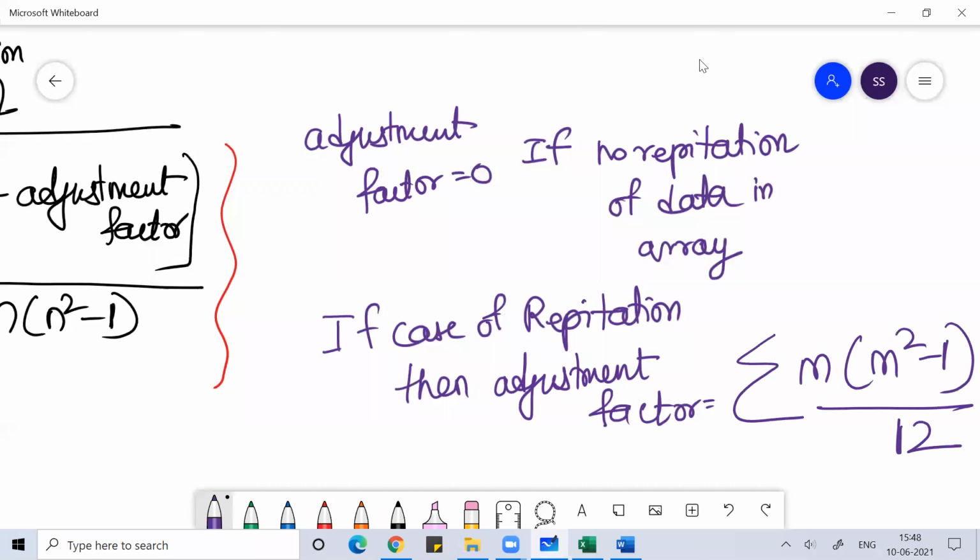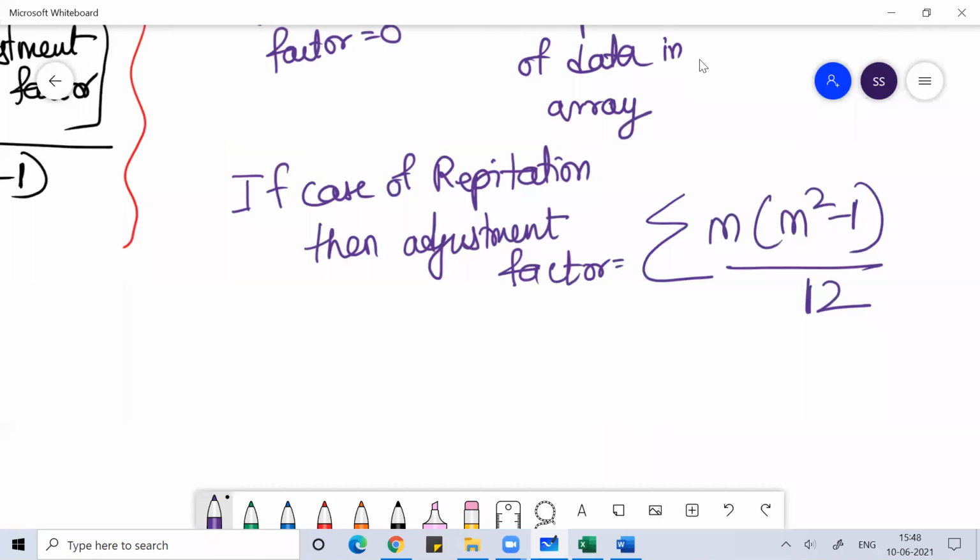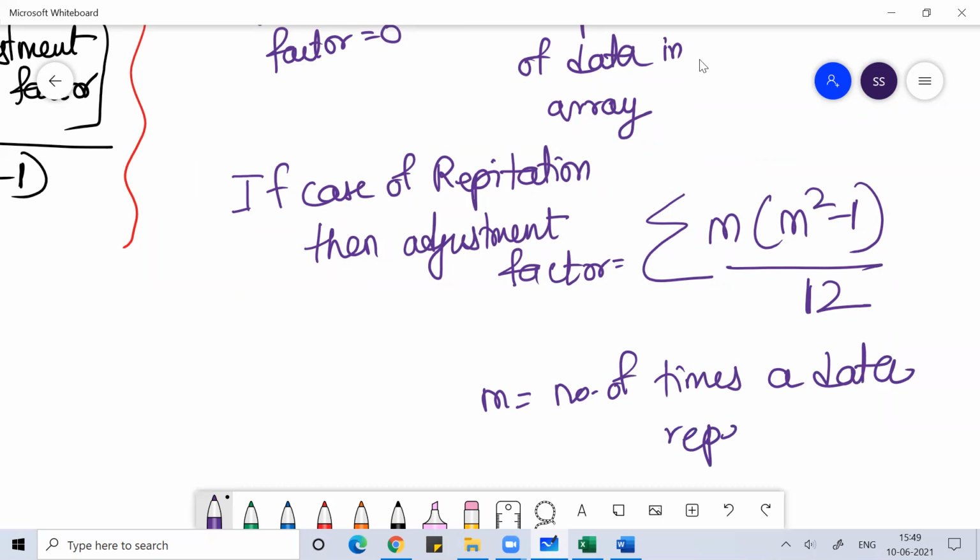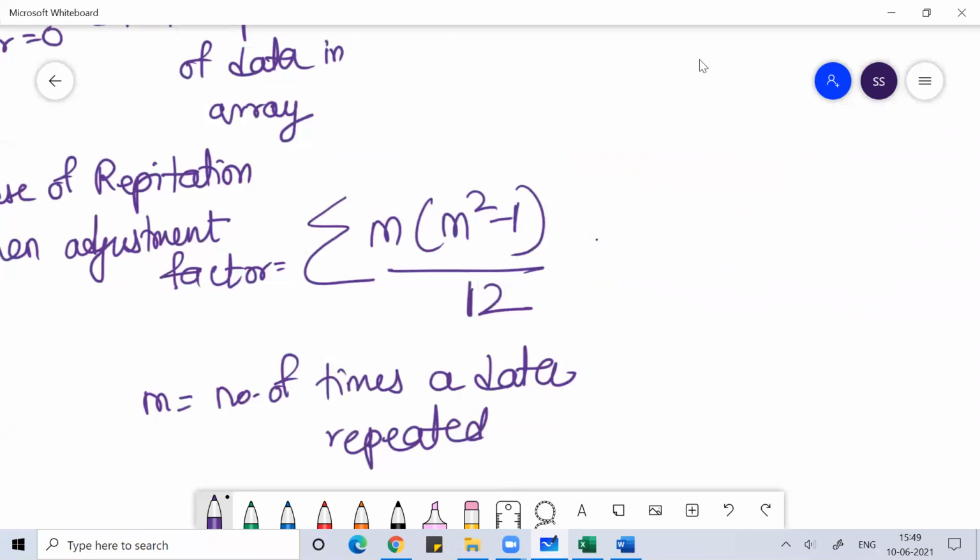This is the formula of the adjustment factor, where m means the number of times a data is repeated. Many books write the formula like this: m cube minus m by 12. So please do not get confused.